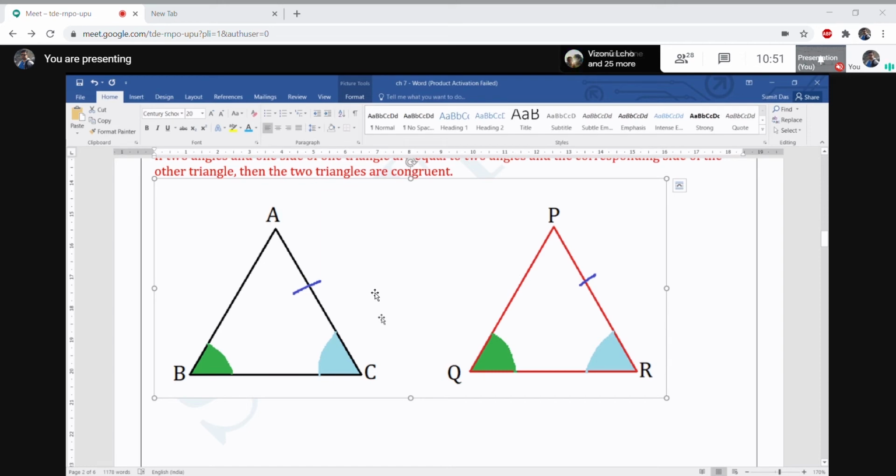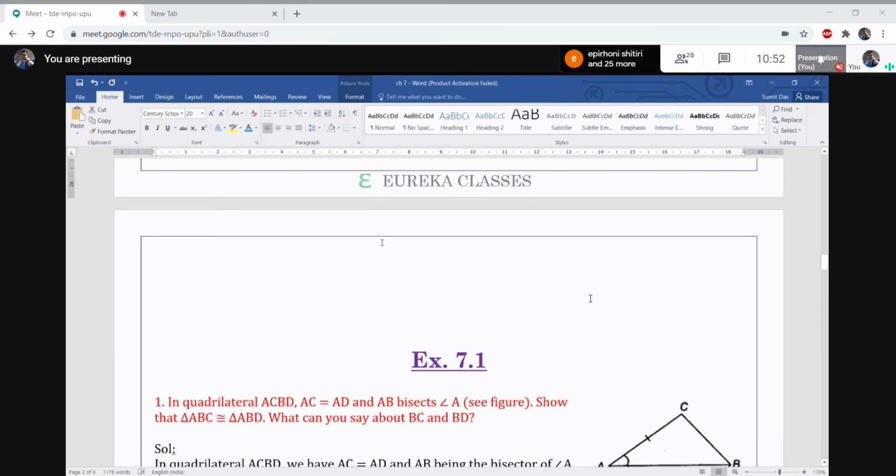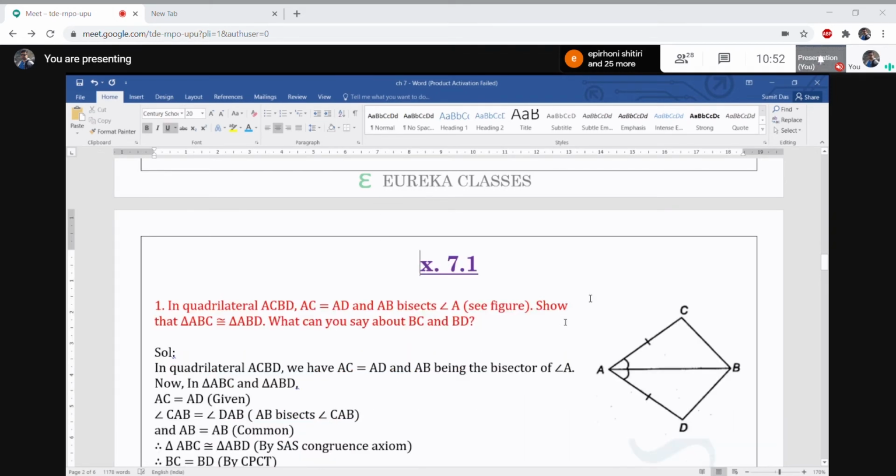Our theorem part for exercise 7.1 is finished. Now we'll move towards the exercise part. If anyone has any doubt up to this congruence rule, or any part of the previous things, just let me know. I'm giving you 1 minute.